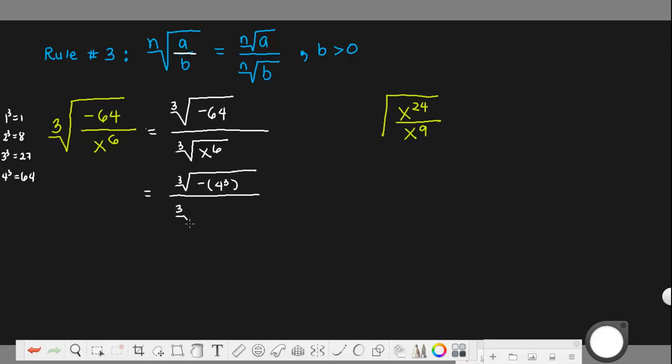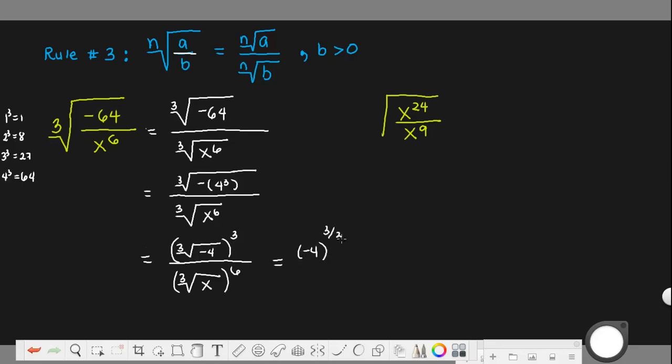Next, we have cube root of x to the 6th power. So, again, let's apply the first rule dito sa given na to, no? We have cube root of negative 4. Yung exponent ni 4, ilalabas natin ng parentheses. Okay? So, dito, we have cube root of x raised to 6. Yung 6 dito na exponent ay nilabas sa parentheses. And then, if we simplify pa yan, so meron tayong negative 4 from rule number 1 to, guys.